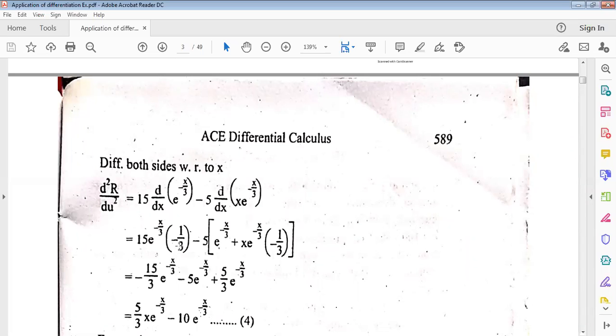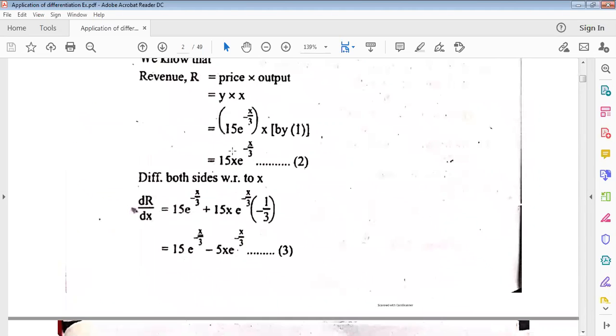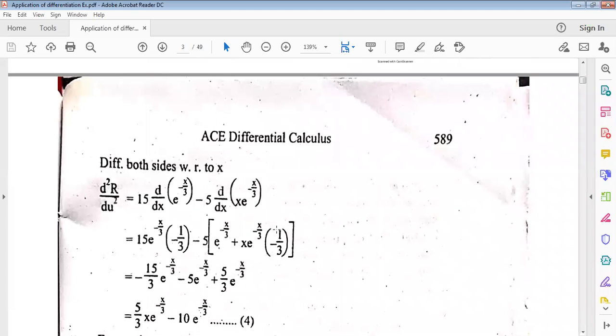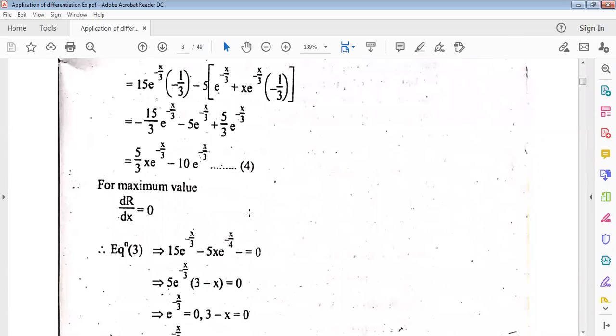Now minus 5, just the UV process, U into e to the power minus x by 3, plus the d/dx of this one, which is already done as the first differentiation. After multiplication we get the second differentiation, which is equation number 4. Now for maximum revenue, dR/dx, the first differentiation, must be 0.